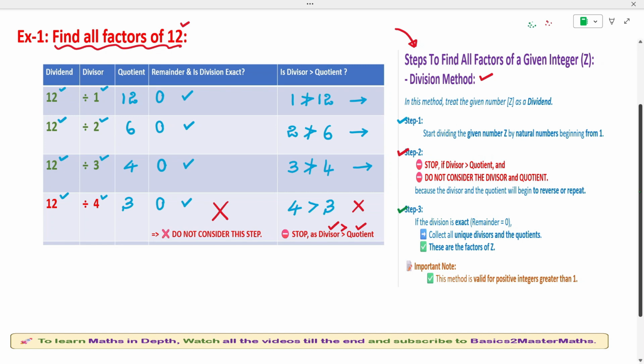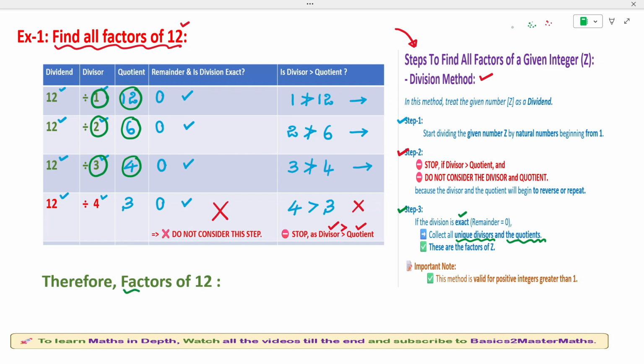Step 3. If the division is exact, collect all unique divisors and quotients. In this case, they are 1, 2, 3, 4, 6, and 12.